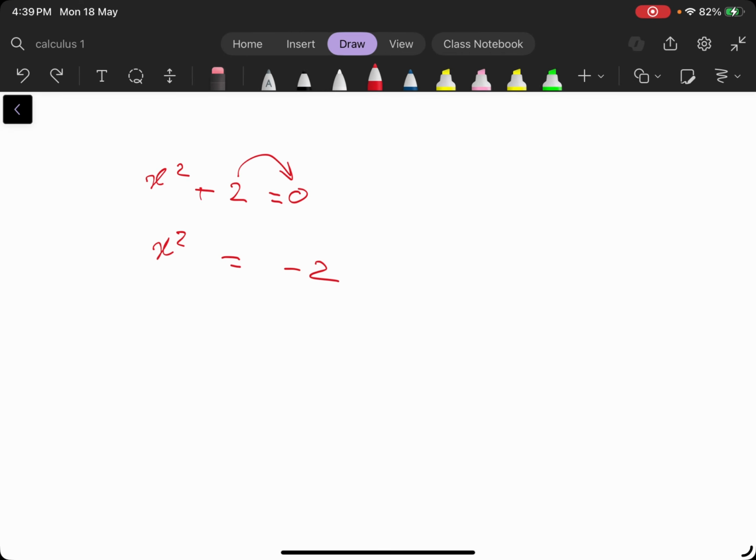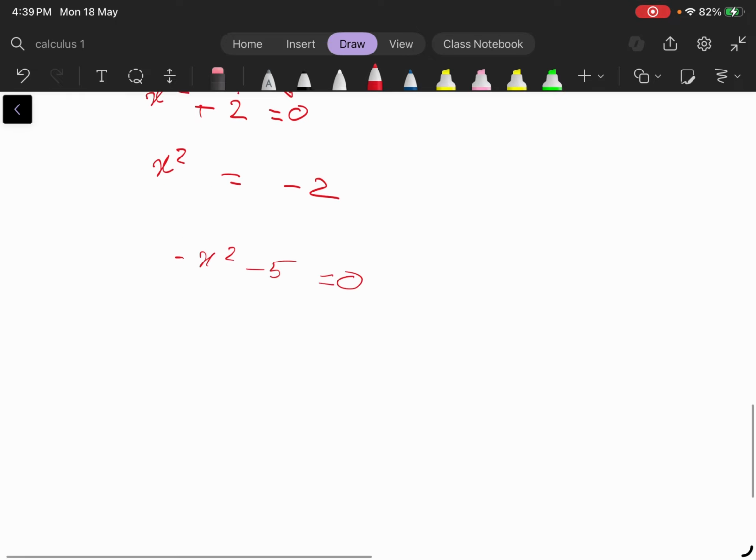Okay, so what I have is minus x squared minus 5 equals 0. You can move minus 5 to the other side, so minus x squared equals 5. Then you can divide both sides by minus 1. Again, we encounter this strange thing, x squared equals minus 5, and there's no real number like that.